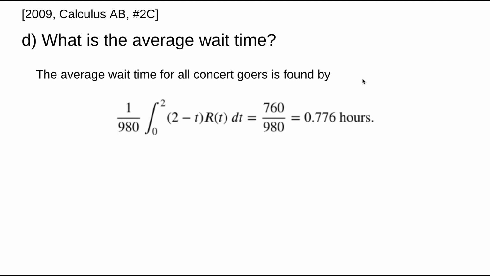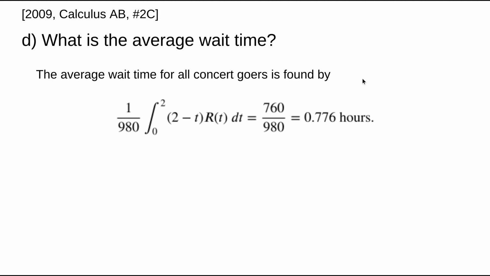We would have to integrate from 0 to 2 of 2 minus t times R of t dt. And then our interval here, this is not in terms of hours. This is average wait time per person, so our interval here is not the interval from 0 to 2. It's an interval whose length is the number of people who are in this auditorium when the concert begins.